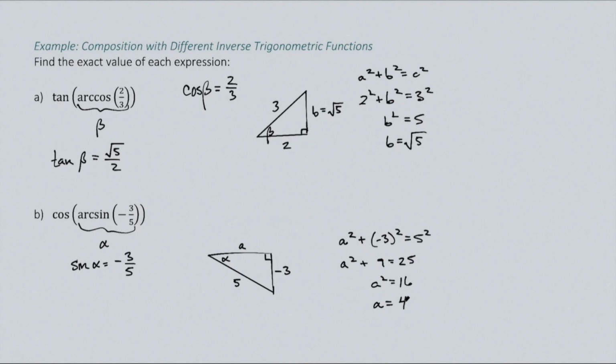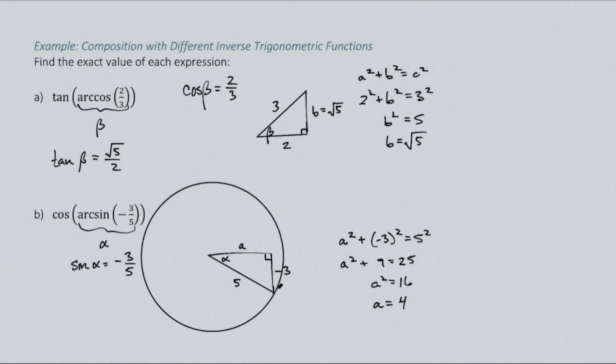Now notice it could be positive or negative 4, but I knew that I was drawing this angle in the fourth quadrant, really, right? If I were to think about drawing kind of a circle like this, that's kind of what it was looking like. And so I knew that that length there needed to be positive. Okay, so this is equal to 4, and then I can do the cosine of that angle alpha. Cosine is adjacent over hypotenuse, so that is 4 over 5.